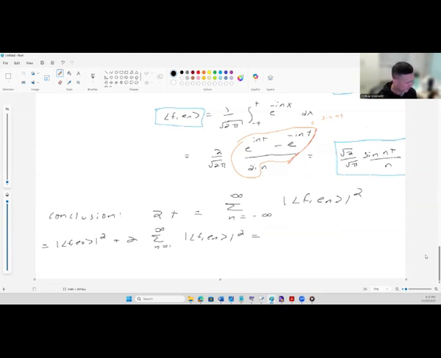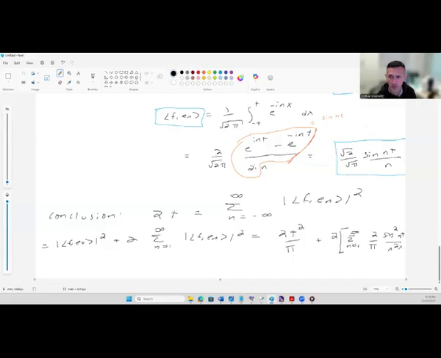So 2 times the sum n equals 1 to infinity, 2 over pi sine squared n t over n.